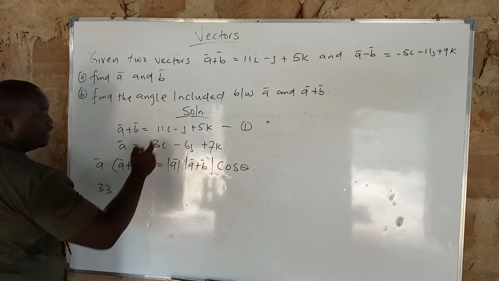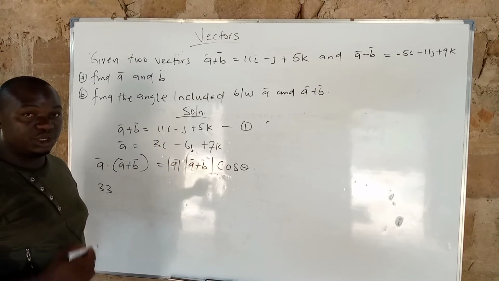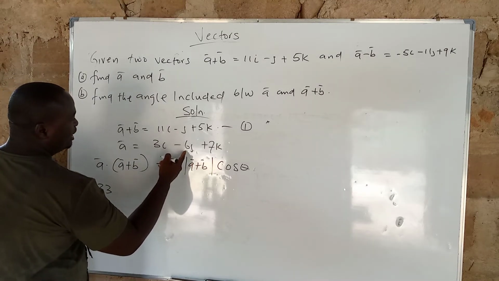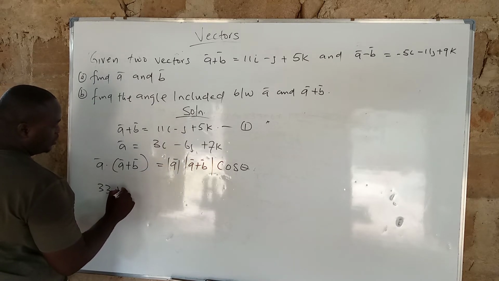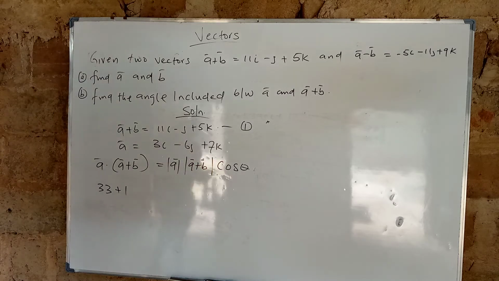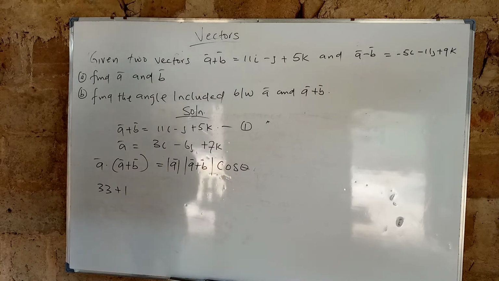Of course, I'm not yet starting to teach multiplication on vectors. I've already done that. Check my video. Now, the next thing is this times this. Of course, this is plus, and then this will give you plus 1. So 5 times 7 should give you 35.